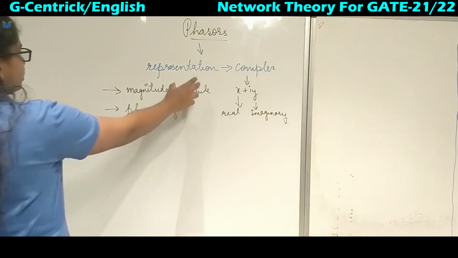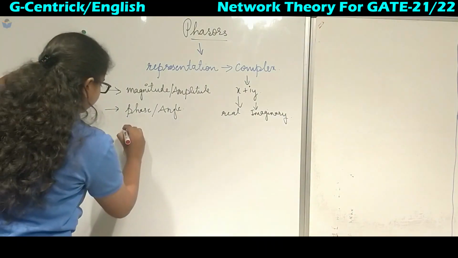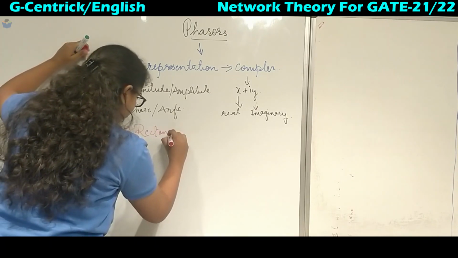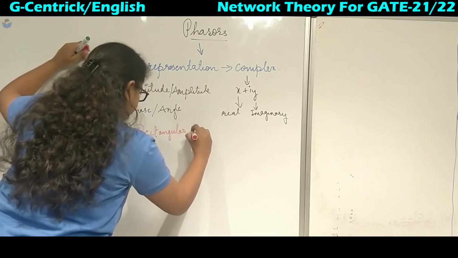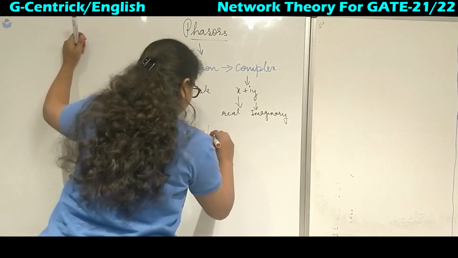Now this representation of phasors we can do in two forms. The first one is the rectangular form, which we also call the Cartesian form.